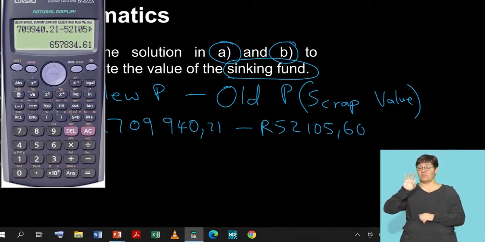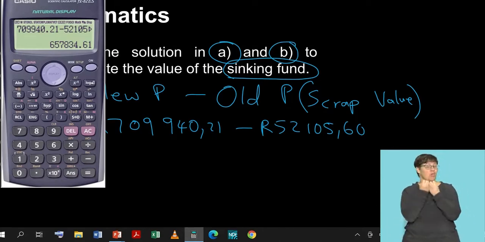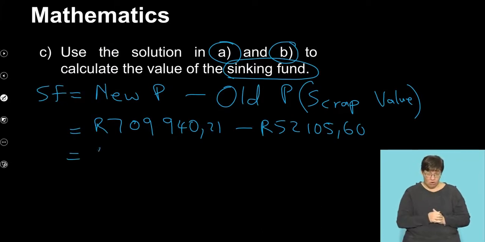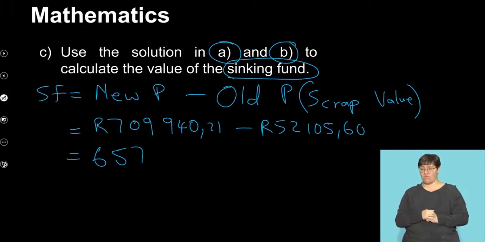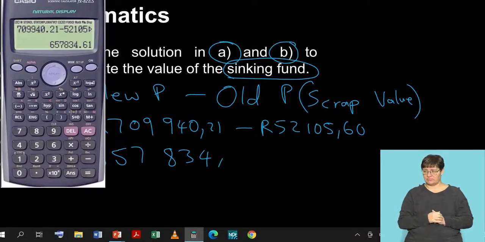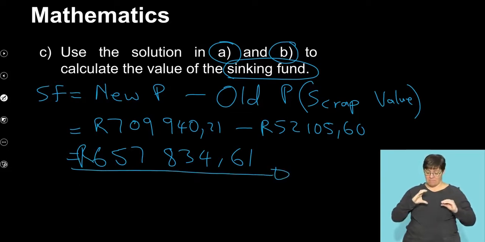they will need an extra 657,000 a year. This is a lot of money. 657,834 rands and how many cents? 61 cents. And that will be the sinking fund of this particular company.